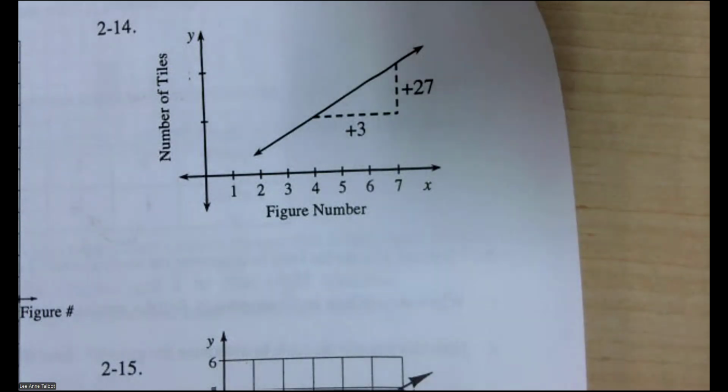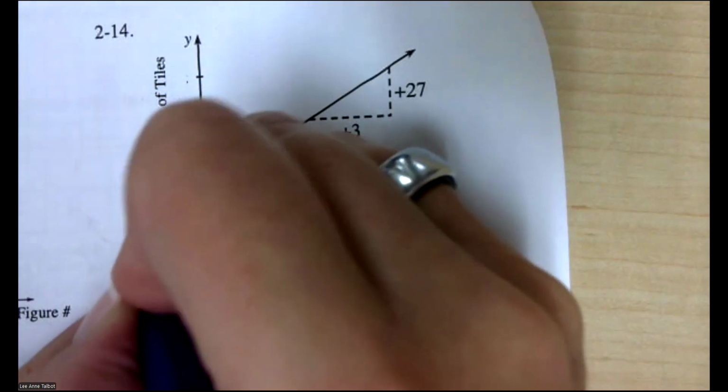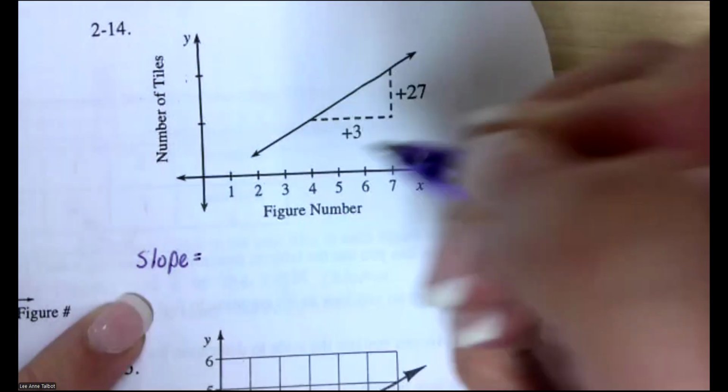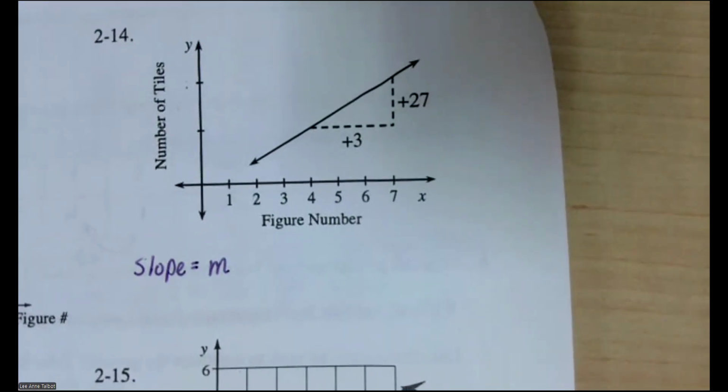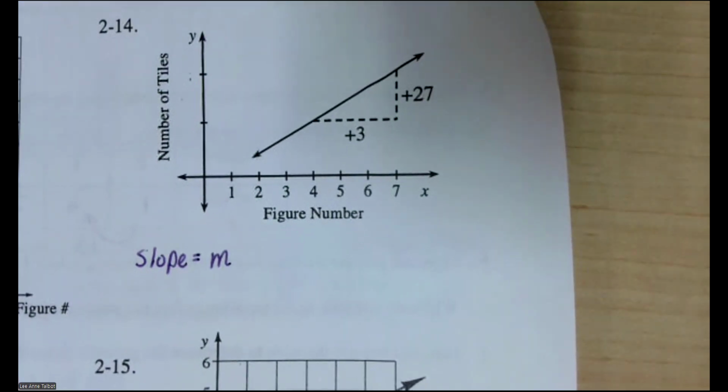All right, so number 14. So we're going to say slope. And here's a new thing for you. The letter for slope is M, and I think the M stands for movement or motion. That's the only thing I could think of.